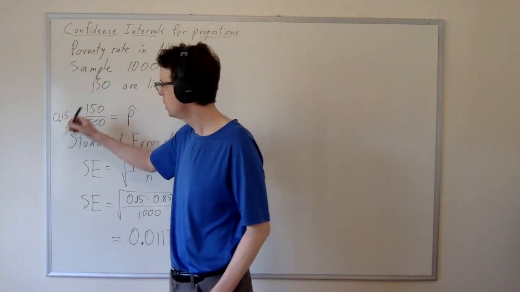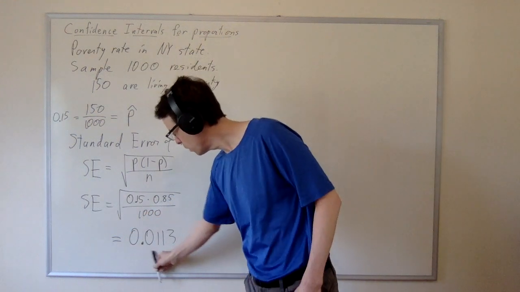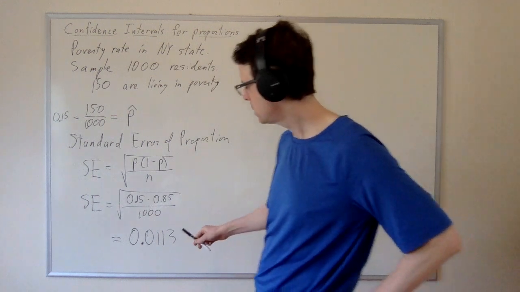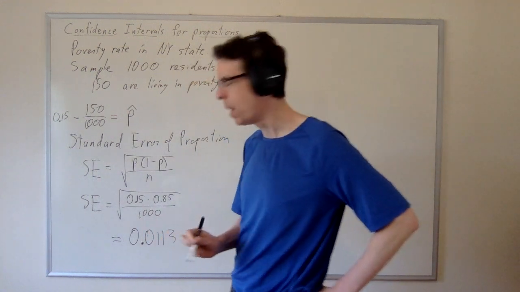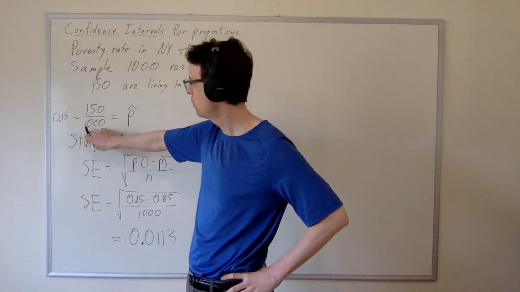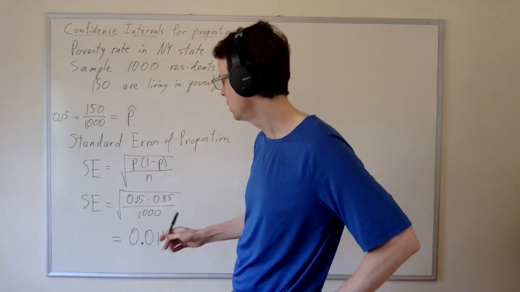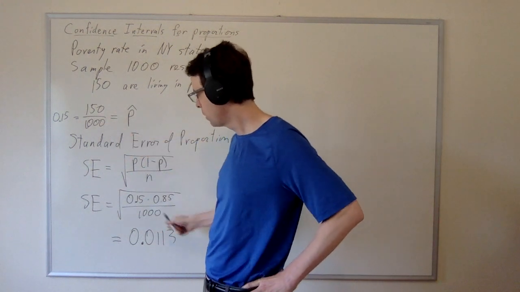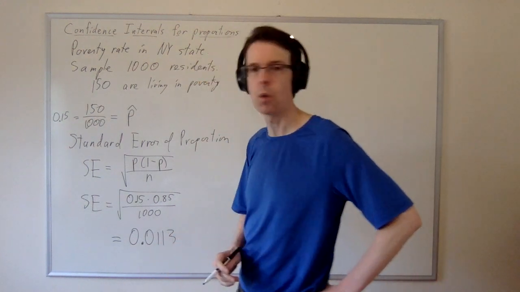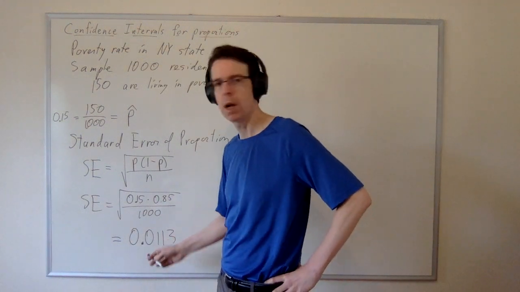Now, this proportion is very naturally read as a percentage, 15%. And this can be read as a percentage too and compared against it. This is basically 1%. And that means that we are probably off by about 1%. The standard error in this measurement, because we've only sampled 1,000 people, is going to be off by about 1%. If we sampled more people, then we would probably measure more accurately, and then the standard error would be a smaller number. But if we sample only 1,000 people, then we're likely to be off by about 1%.